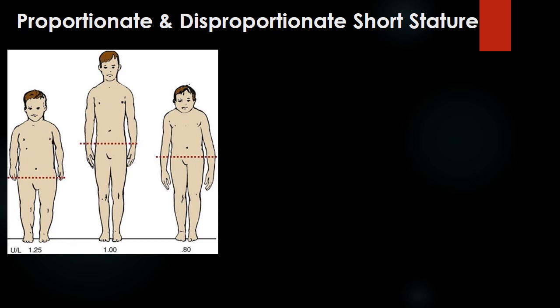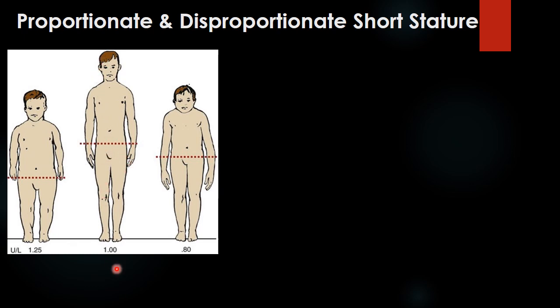Now, the other concept that I want to discuss over here is very important, and this is the concept of proportionate and disproportionate short stature. The body's stature in a normal person can be divided into two segments, the upper segment and the lower segment.